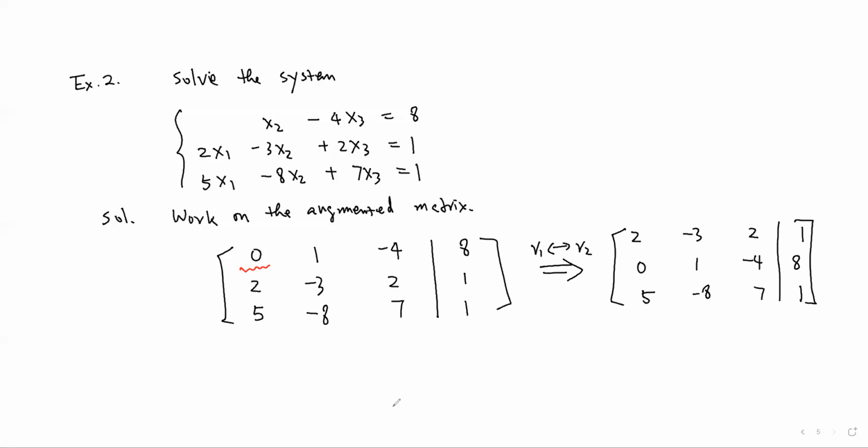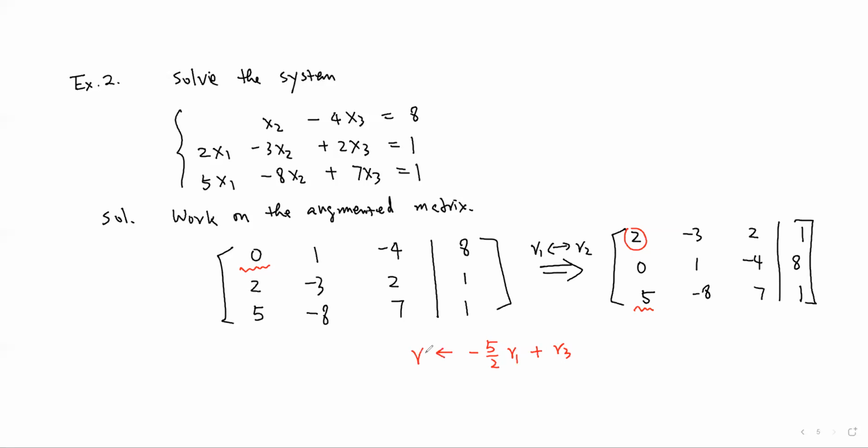Now I use this number to eliminate 5. The operation is -5/2 times the first row, added to the third row.